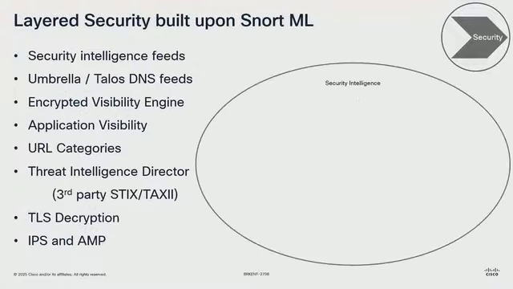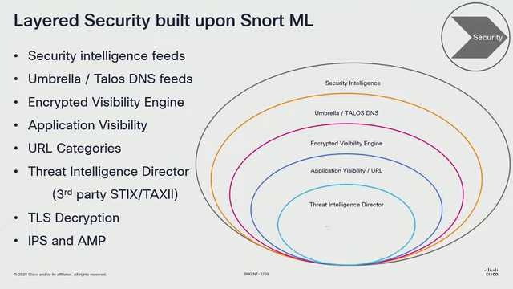And this gives us a model, we used to say Russian doll model, but it doesn't resonate very well anymore. In this model, I have all my security intelligence feeds that I can apply to traffic, and if there's bad stuff, I drop it. If that doesn't do it, I can do integrated Umbrella DNS inspection. Does Umbrella have information about this thing, and maybe drop it?